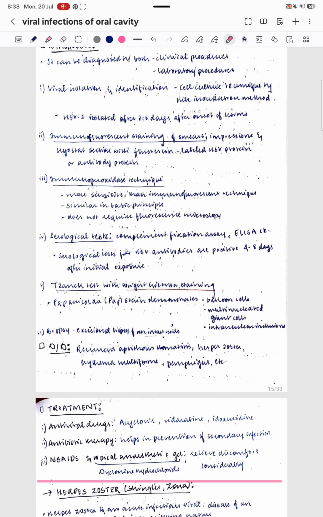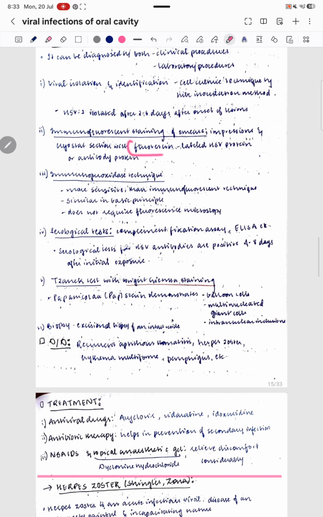There is one thing called immunofluorescent staining, where you prepare a smear and an impression and frozen section with fluorescein, a fluorescent dye, labeled with HSV antibody protein. So basically you stain the virus with an immunofluorescent stain.